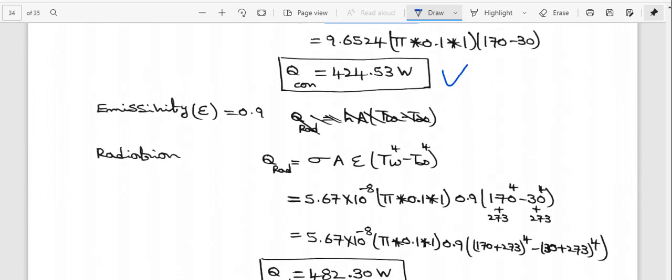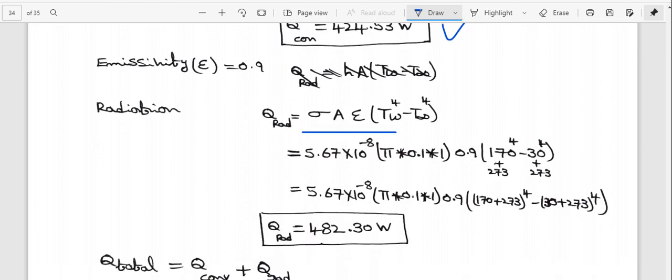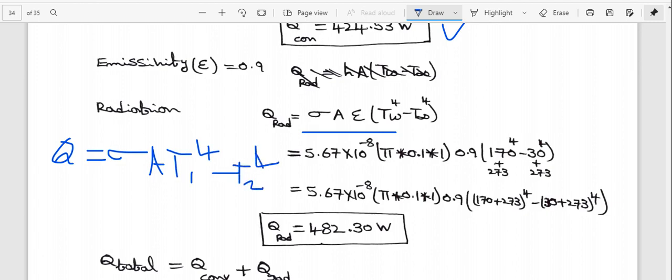In the radiation formula, Q equal to, what is the formula? Sigma A into T1 power 4 minus T2 power 4. In case any emissivity value is given, we need to multiply with the emissivity value. So here sigma into A into emissivity into Tw power 4 minus T infinity power 4.